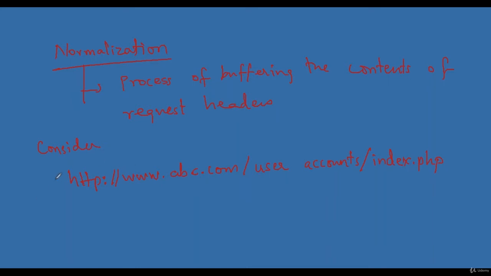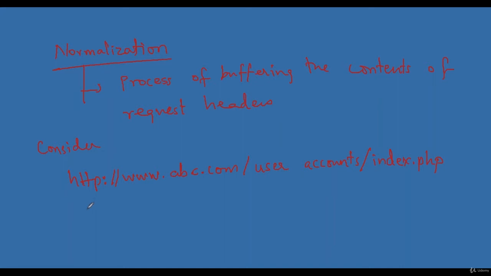In this specific URL, a space exists in the path for user accounts. Between user and accounts, a space exists. This is a valid structure on the web server. Therefore, it is required to be part of the URI.